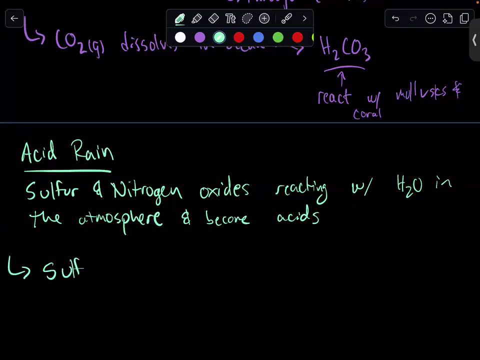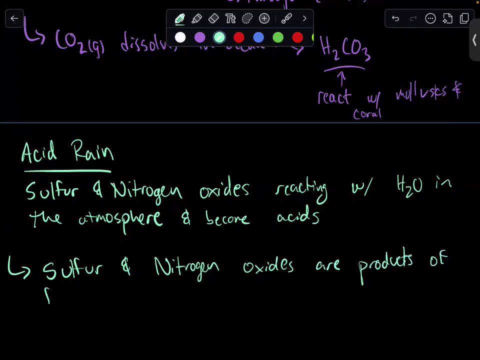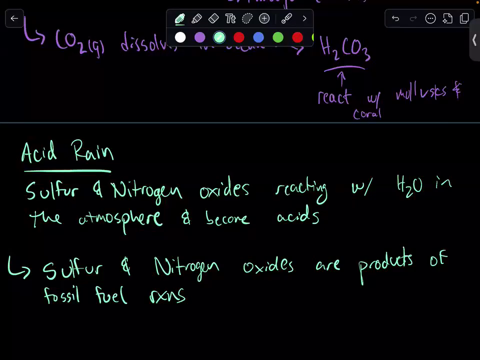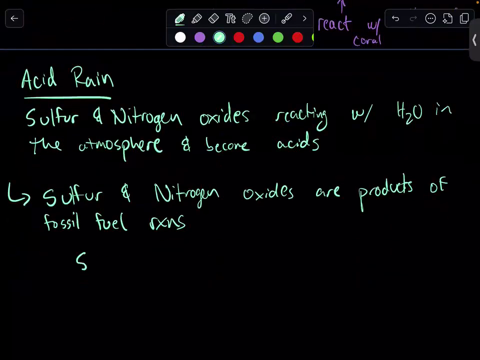Specifically, where these come from is that sulfur and nitrogen oxides are products of, once again, fossil fuels. They're not direct products of fossil fuel reactions, they're associated products. Specifically, the sulfur is usually going to be mined, and we have impurities in fuels.